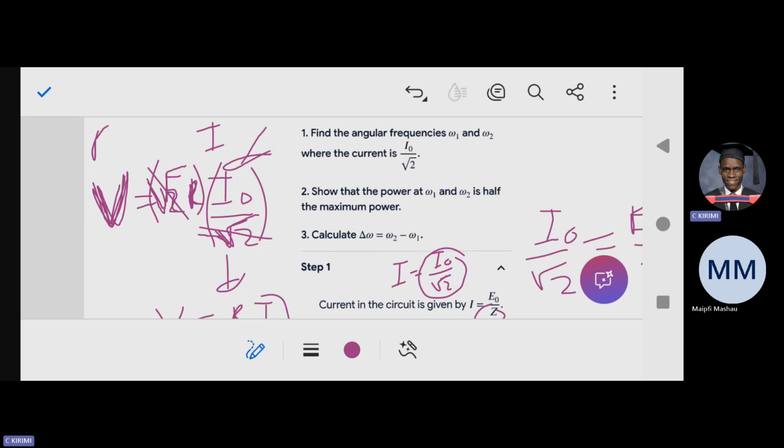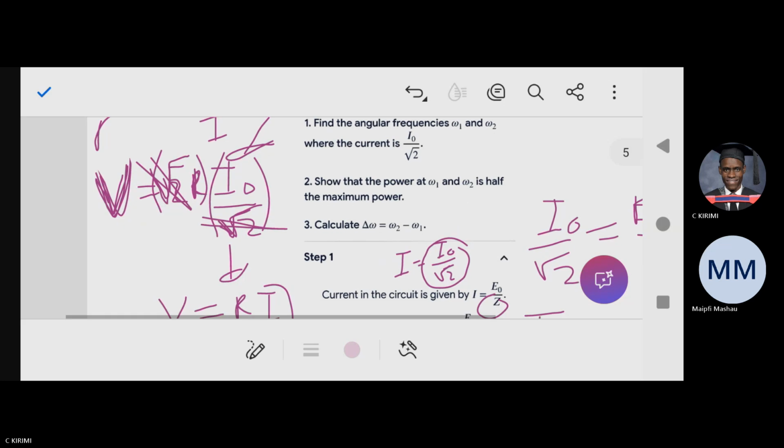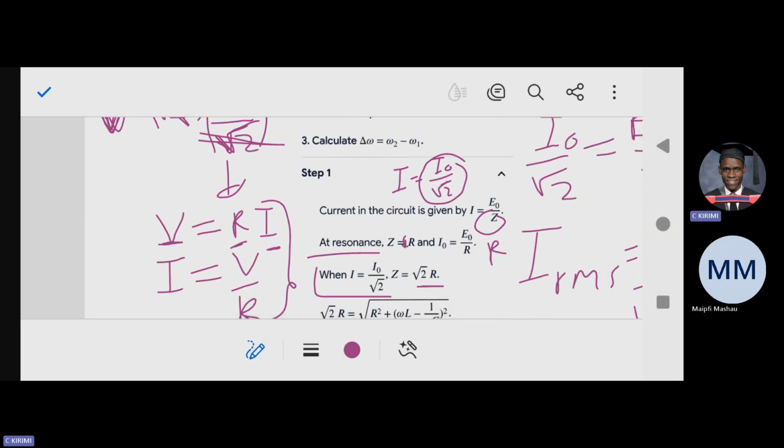That's why this will cancel with that. So definitely the root of 2 must multiply the R if we divide the I naught by root of 2. That is where this idea comes from, that Z is equal to root of 2 multiplied by R, since we said at resonance, Z is equal to R.